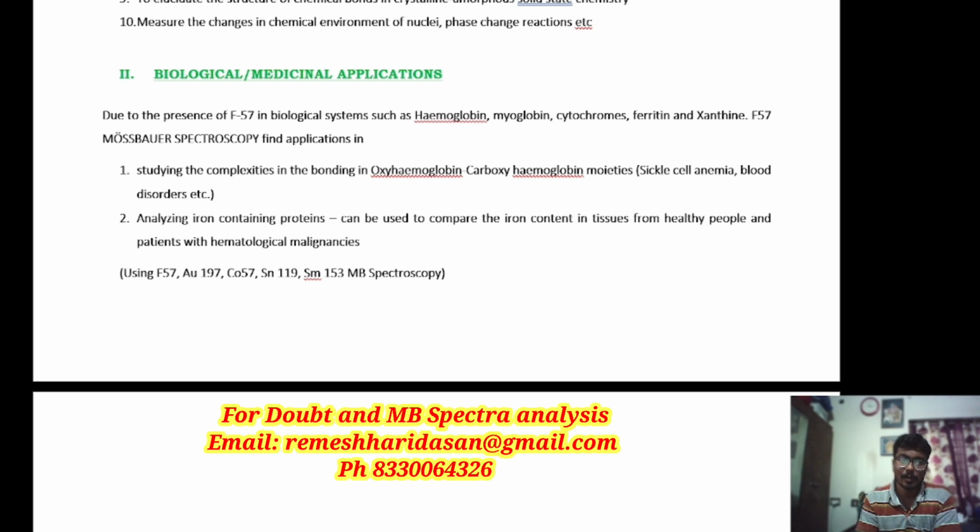Okay, so the major isotopes, MÖSSBAUER active elements used in the medicinal field are iron 57, Fe57, gold 197, cobalt 57, tin 119, samarium 153 MÖSSBAUER spectroscopies. Here cobalt 57 is used as a reliable MÖSSBAUER gamma radiation source.